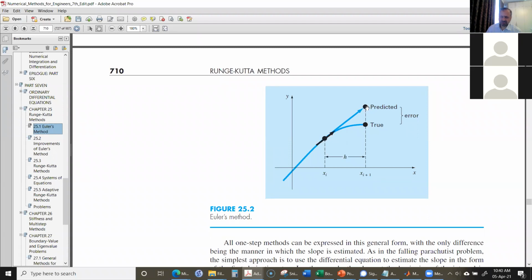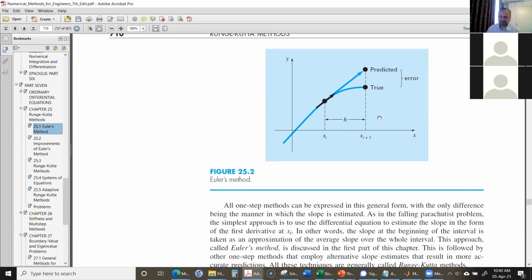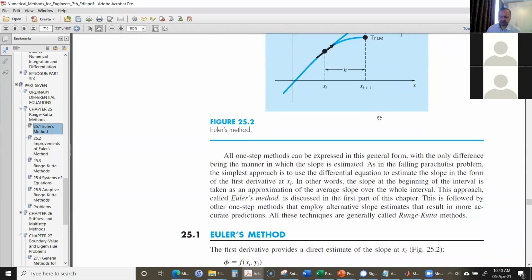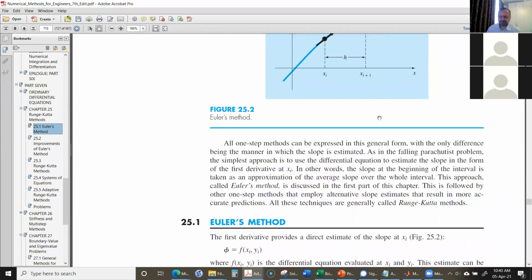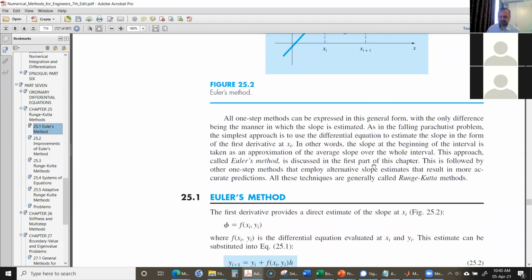Then we get the value of the new function. Of course, in this case, there will be an error. If the true value is here and the predicted value is here, there will be an error. But this determination of the error gives rise to some more refined methods, and these techniques are generally categorized under the Runge-Kutta methods.